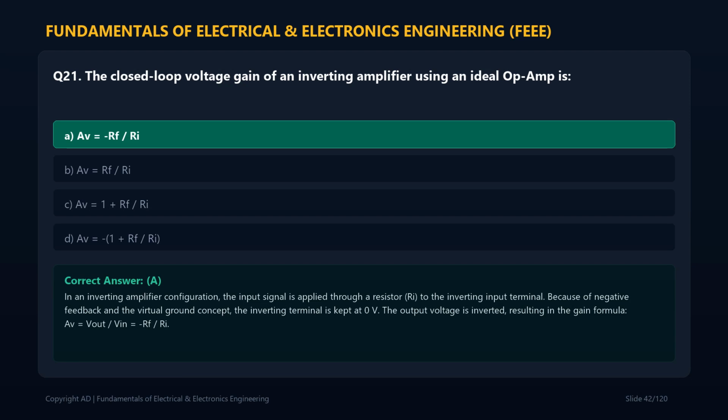The correct answer is A, AV equals minus RF over RI. In an inverting amplifier, the virtual ground at the inverting terminal maintains a simple current balance, making the gain the negative ratio of feedback to input resistance.